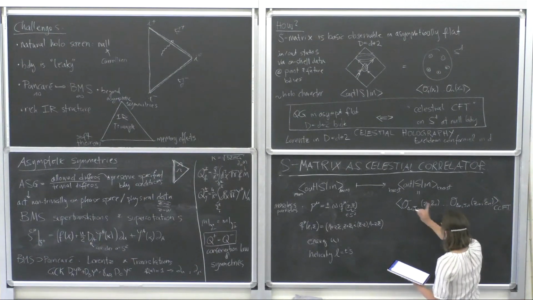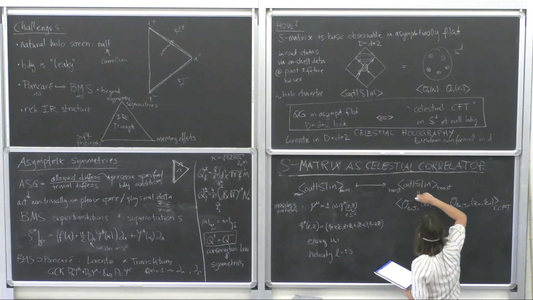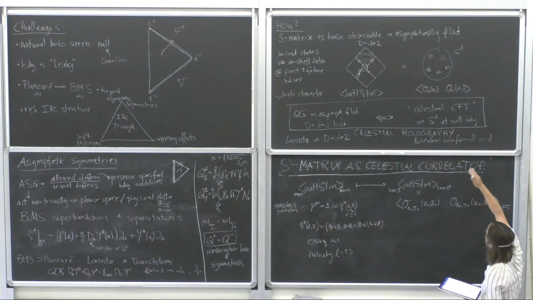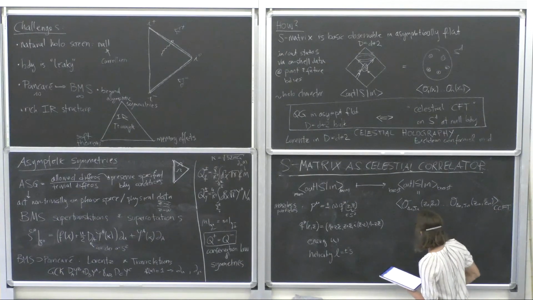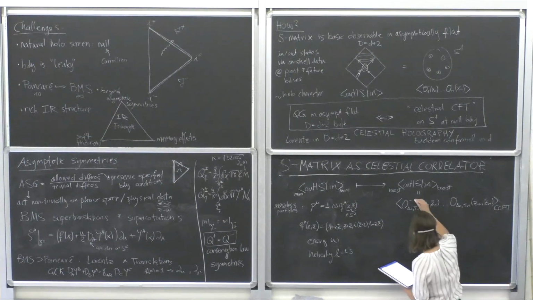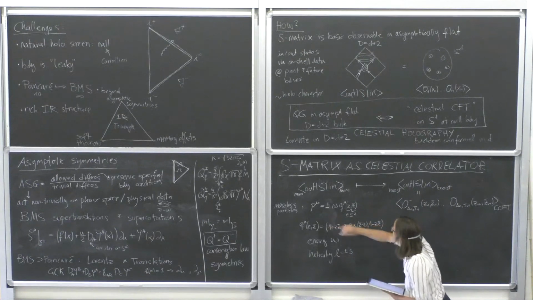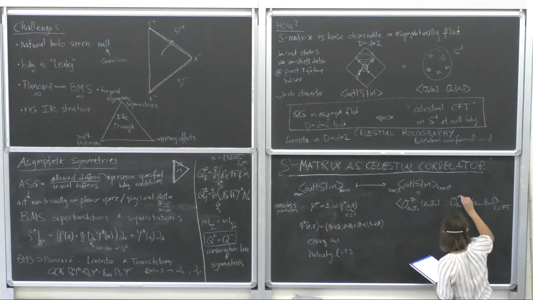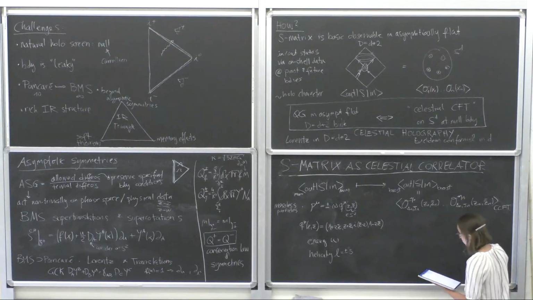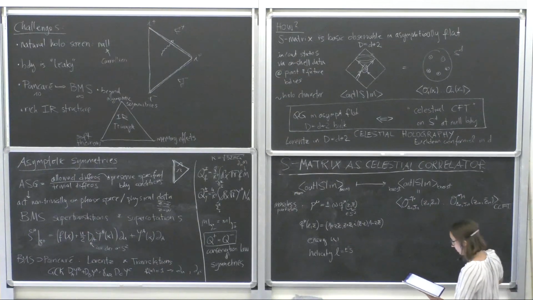These operators ideally carry the labels under the Lorentz group on the boundary, which is just the global conformal group on the two-sphere. So Delta and J are supposed to be those quantum numbers. And then because we have out states, there will also be a sign here, which I'll denote by eta. So this is the thing that we would like to find.